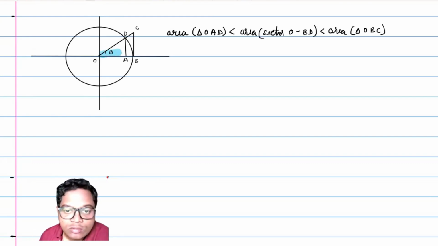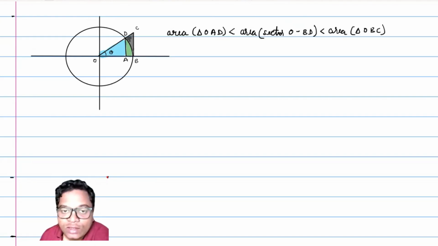When you're talking about the area of the triangle, you're talking about this. When you're talking about the area of the sector, that includes a little bit of this portion along with the triangle. And when you're talking about the bigger triangle, we have a little excess portion, this portion. That's the reason why these areas are in this order.